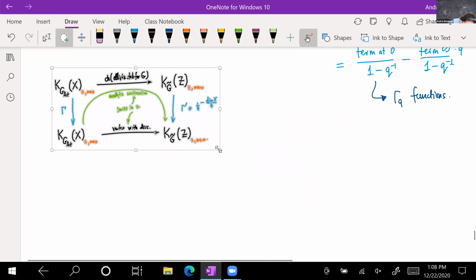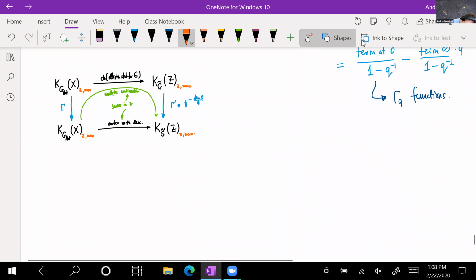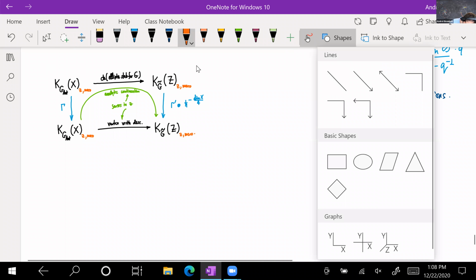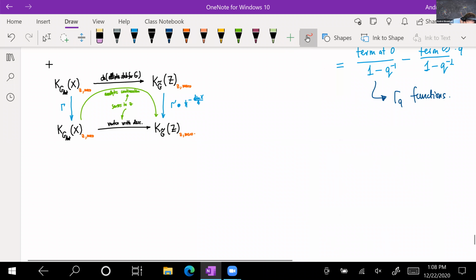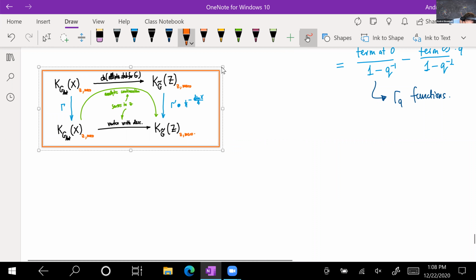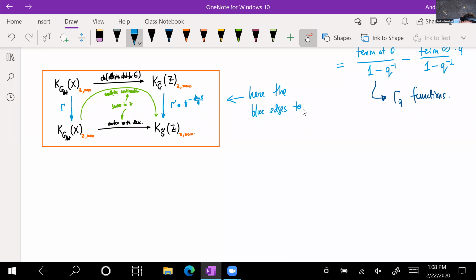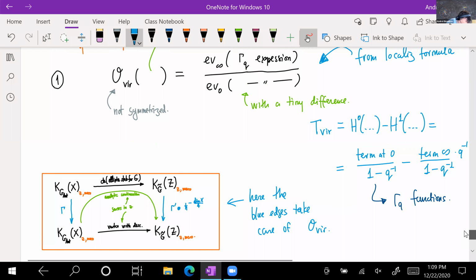Means in here, means here, the blue edges take care of virtual. All right, that's a good beginning, I think.